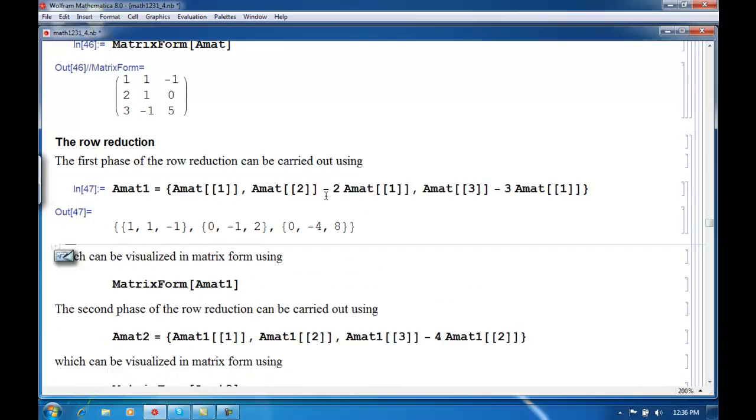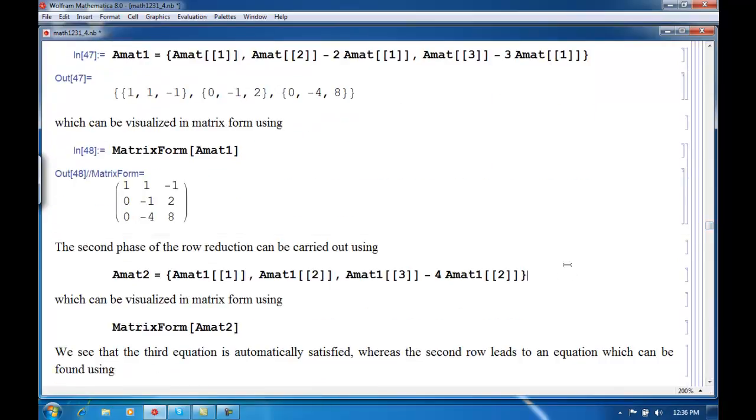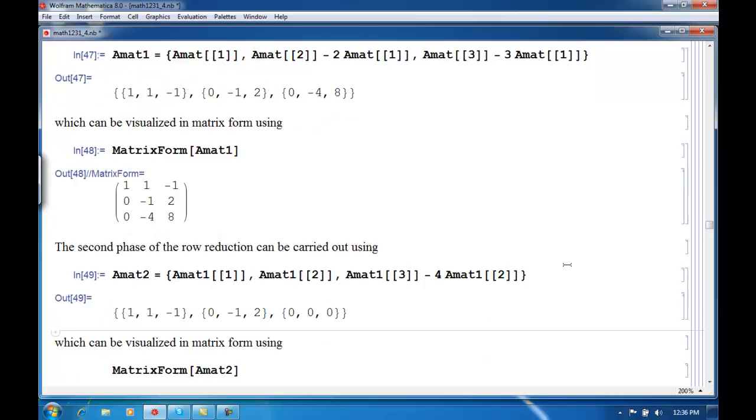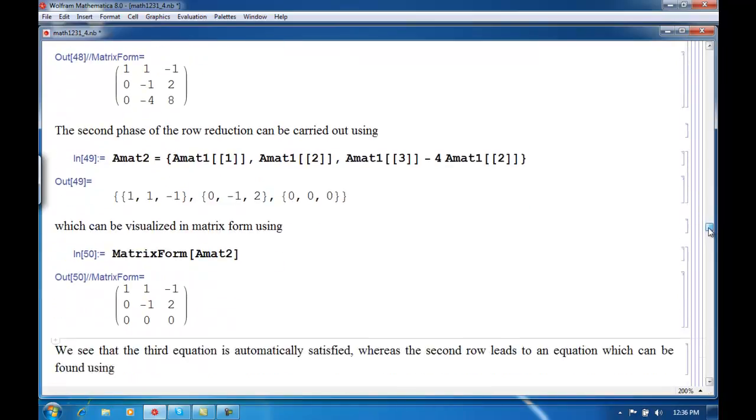So we subtract twice the first row from the second, and 3 times the first row from the third, and we can view that like so, and then we repeat it, and this will be the same matrix as we got before, but now we want to do something slightly different.